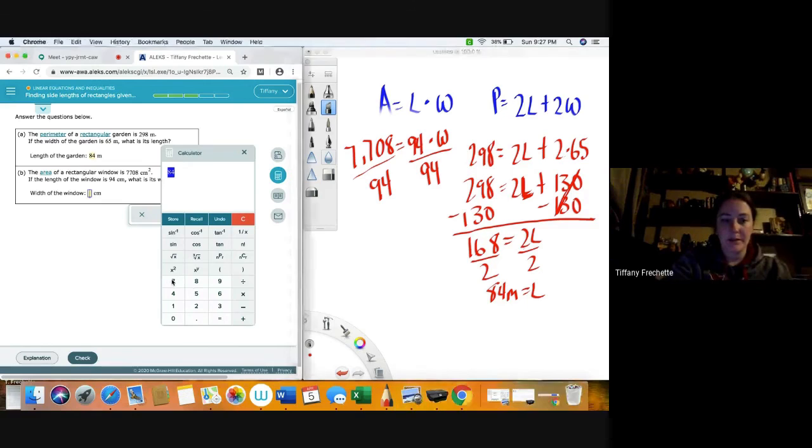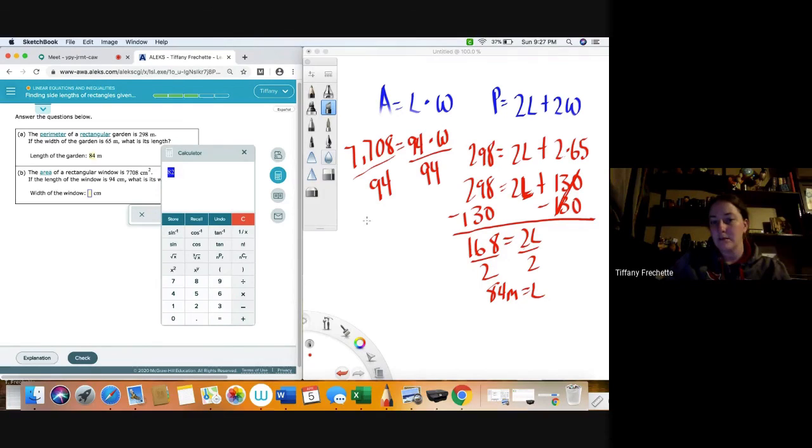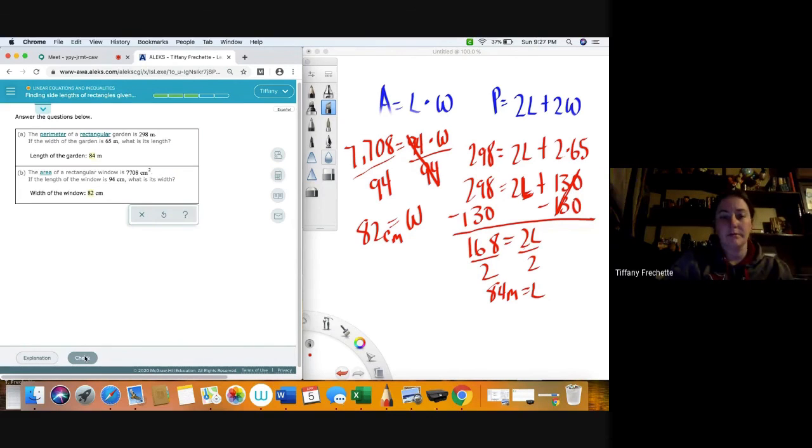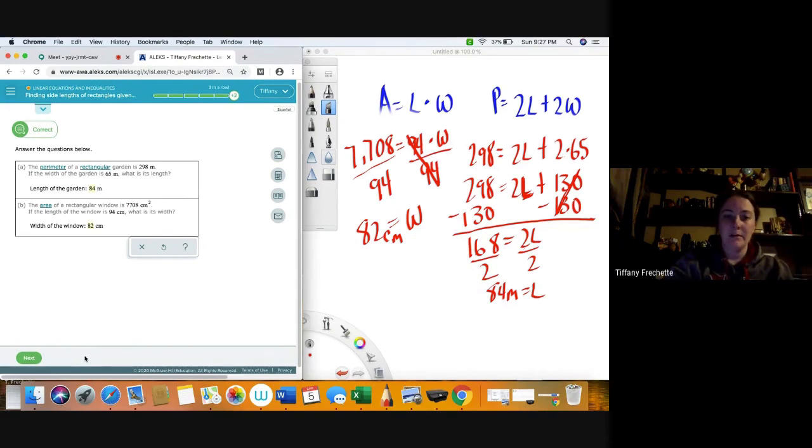So we end up with 7,708 divided by 94, and we get 82 equals any number divided by itself. Remember, that's a 1, not a 0, and we just bring down the W. And I didn't give myself a letter in there, but it should be centimeters. All right, 82. So there we go, another one down.